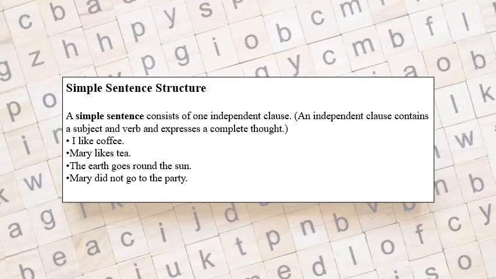The subject is the thing or person who does the action, and the verb is the action. For example, I is the subject here, and the action or the verb is like: I like coffee. Here, the earth goes round the sun. The earth is the subject, goes is the verb, and the sun is the object.